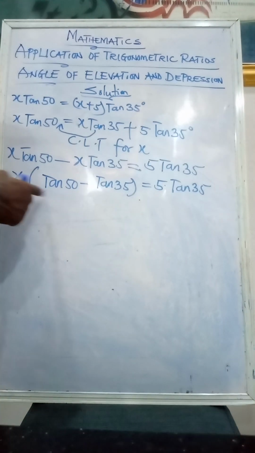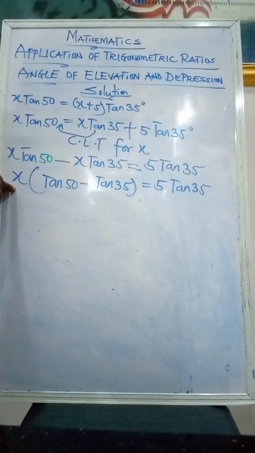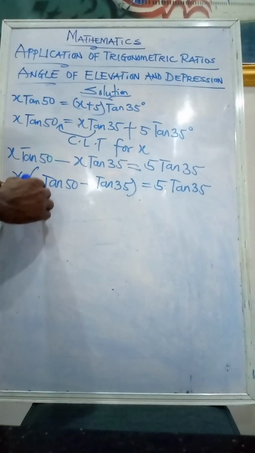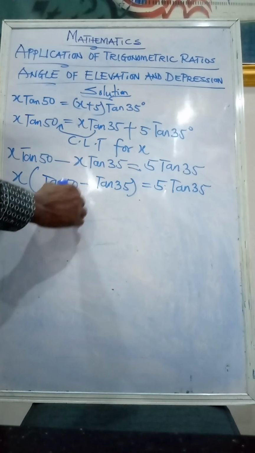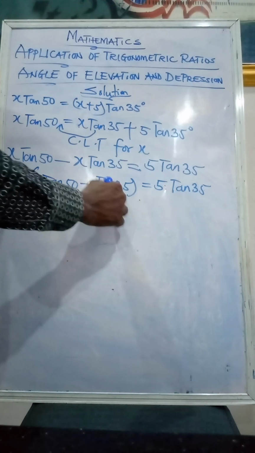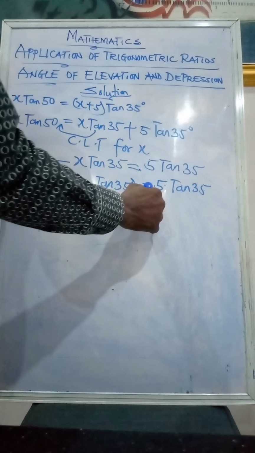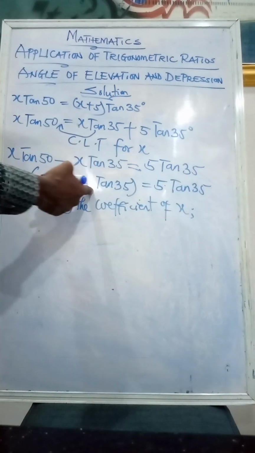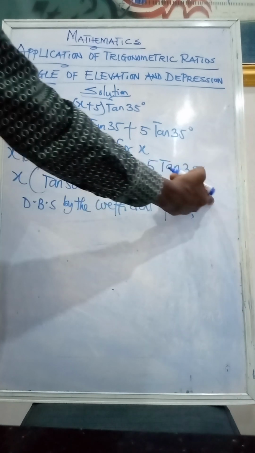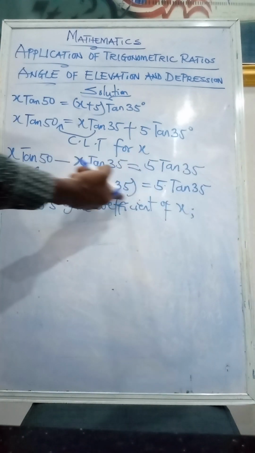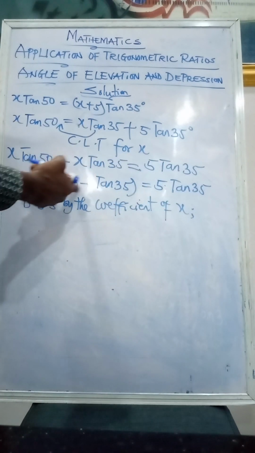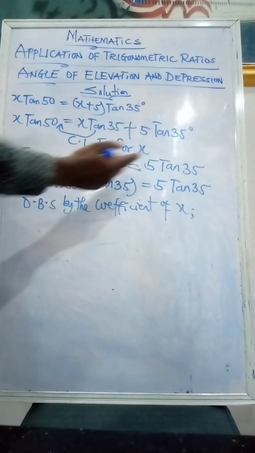Then from here, we divide both sides by the coefficient of X. So tan 50 minus tan 35 will divide here and also divide here too. When tan 50 minus tan 35 divides here, it will cancel.